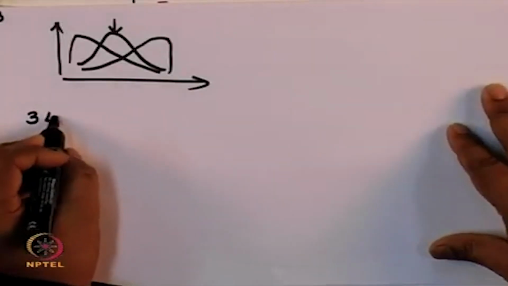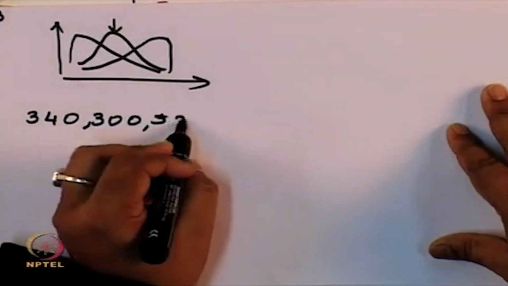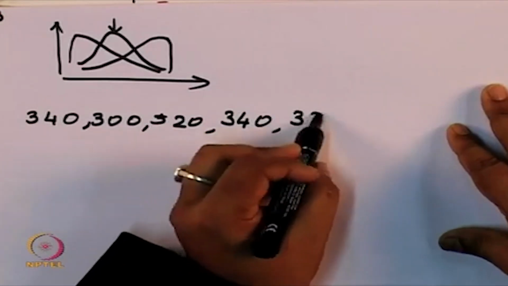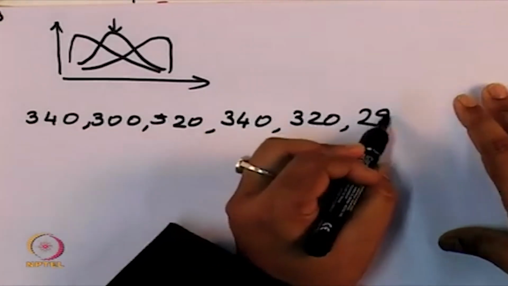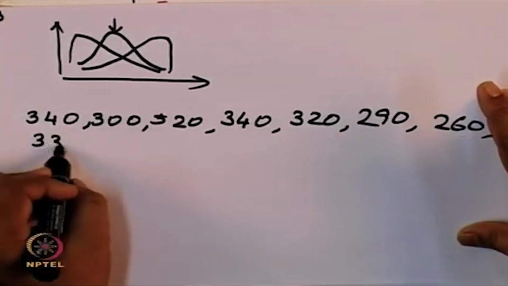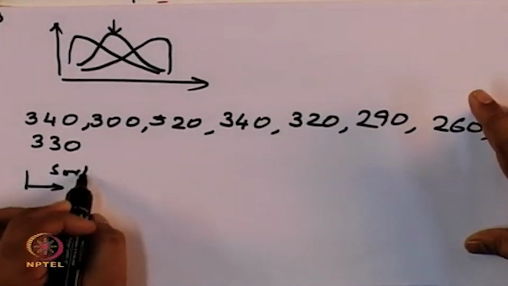You have the points 350, 300, 520, 340, 320, 290, 260 and 330. The first step is to sort in ascending order.